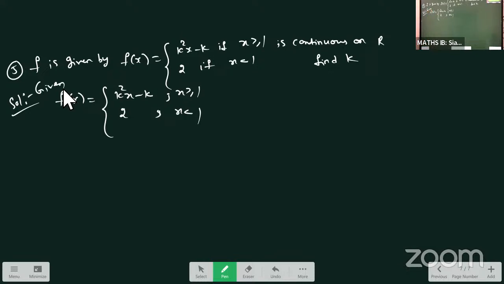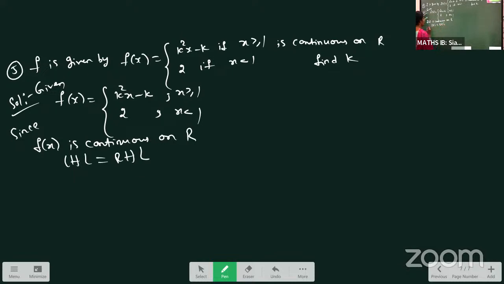It is clearly given that f of x is continuous on R. Since f of x is continuous on R, when we say it is continuous, LHL is equal to RHL, left hand limit is equal to right hand limit. There is only the number 1. So left hand limit means limit x tends to 1 minus f of x is equal to limit x tends to 1 plus f of x.